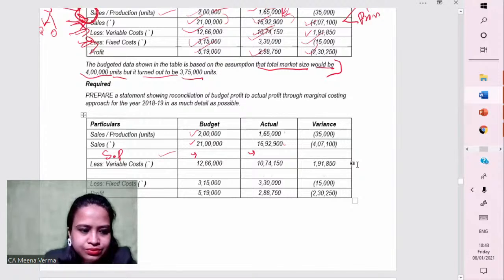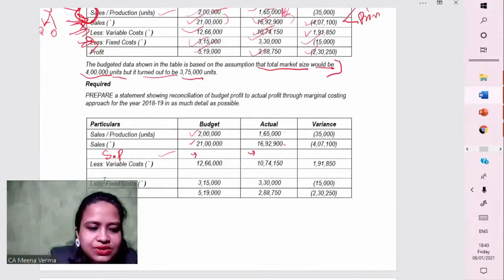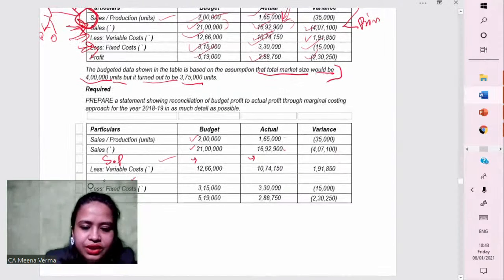Similarly, for finding the variable cost variance, ठीक है? For finding the variable cost variance, I want this variable cost rate. I want to find it. ठीक है? What will I do? I'll divide this variable cost with the output. ठीक है?